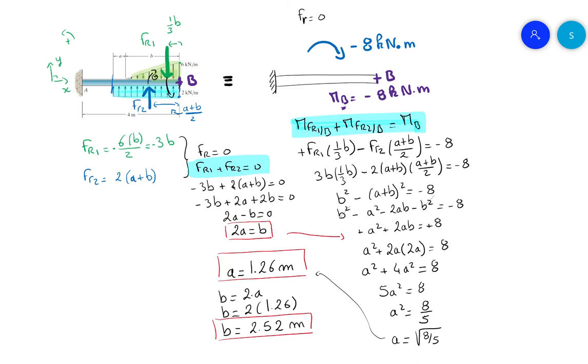This FR1 plus FR2 equals 0 is because we don't want to have any resultant force on the equivalent system. So that's it. Let me highlight the two final answers. Bye-bye.